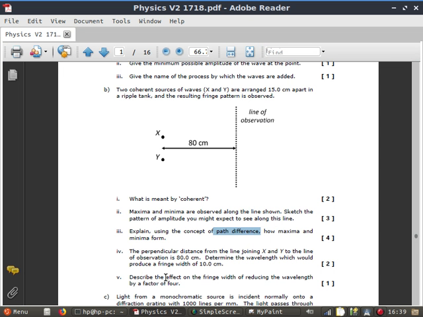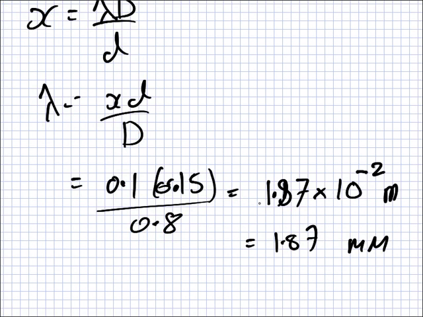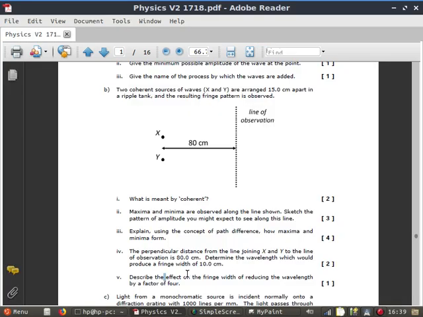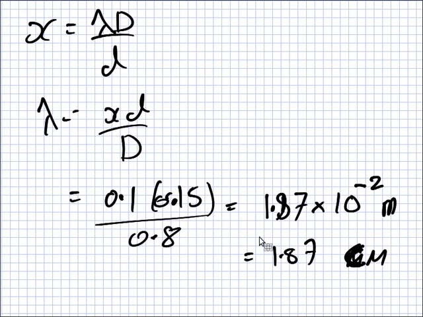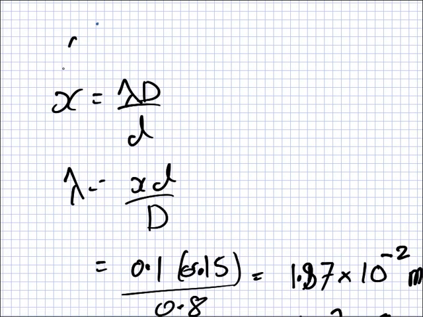Lastly, for this part, thank you, Ben. CM, not MM. What would happen to the fringe width if the wavelength was made 4 times smaller? So what happens to x if the wavelength is 4 times smaller?